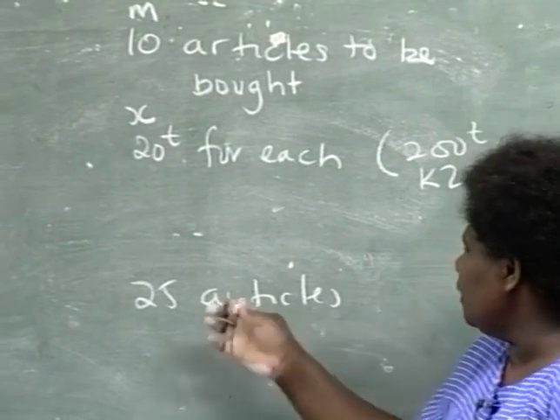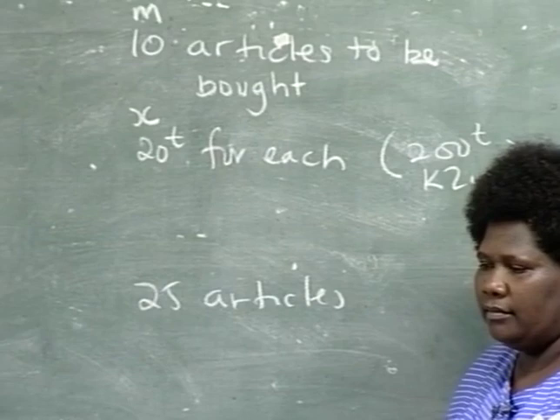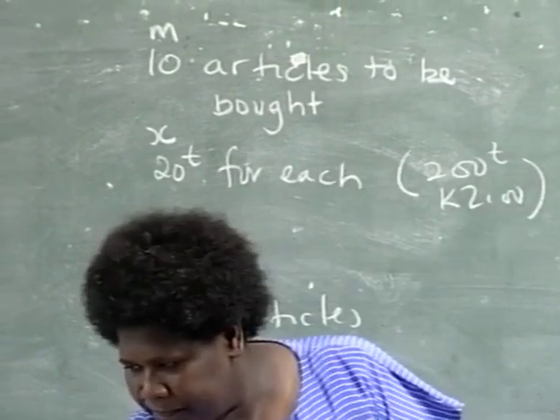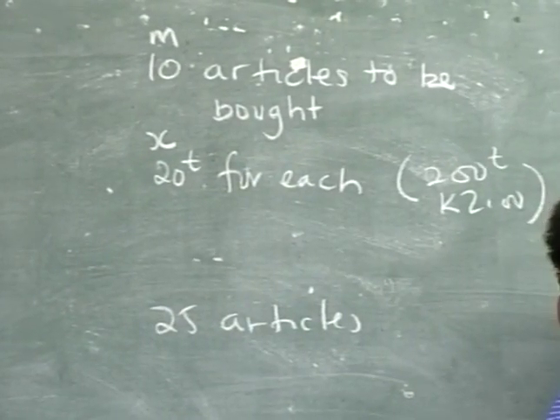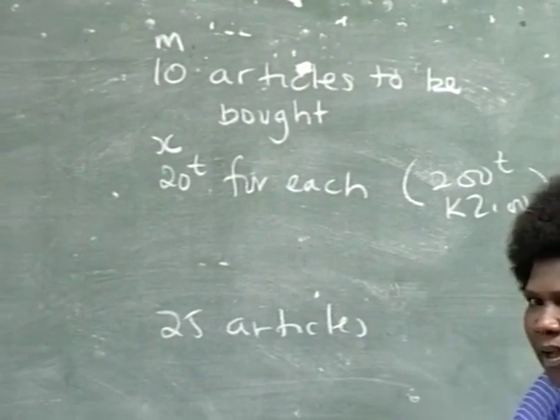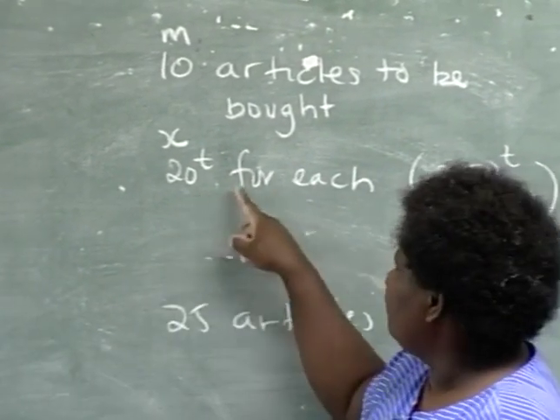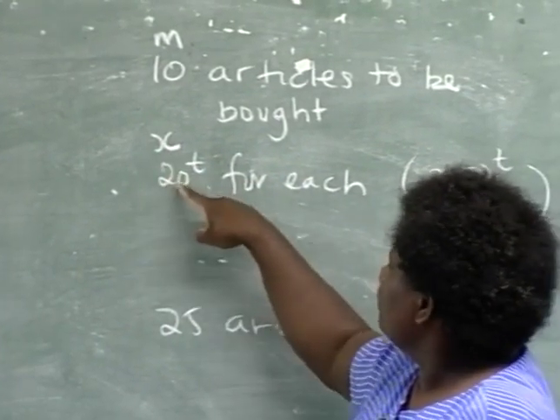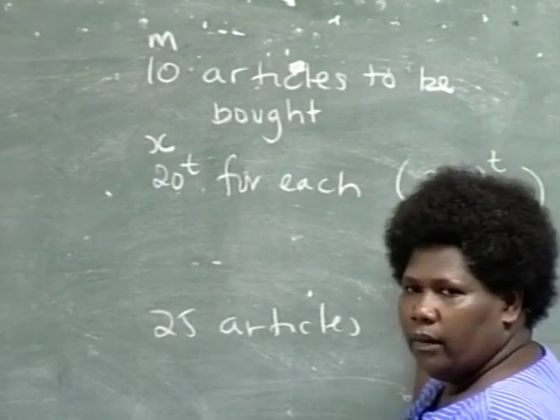Now, I want the cost for 25 articles. What do I do? How much is it for 1 article? 20 toya for each. So I've got 20 times 10, and then I divided it by 100 to get this.